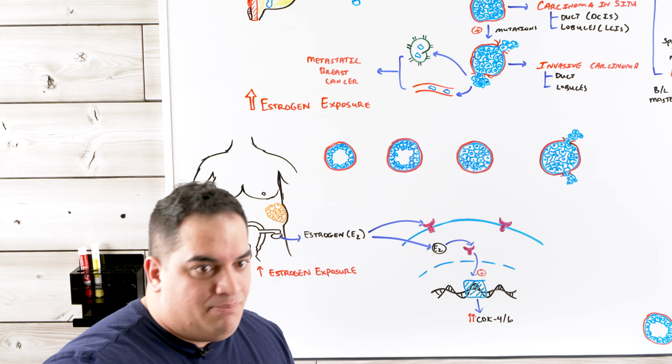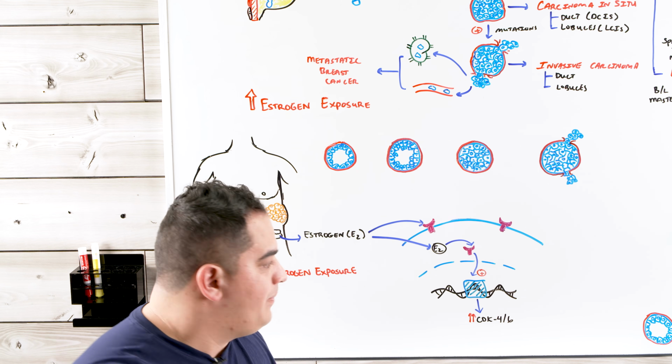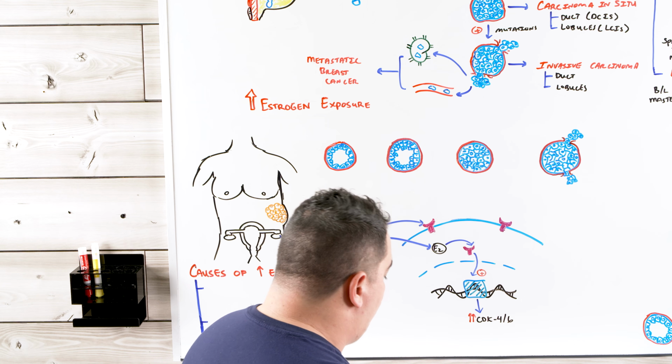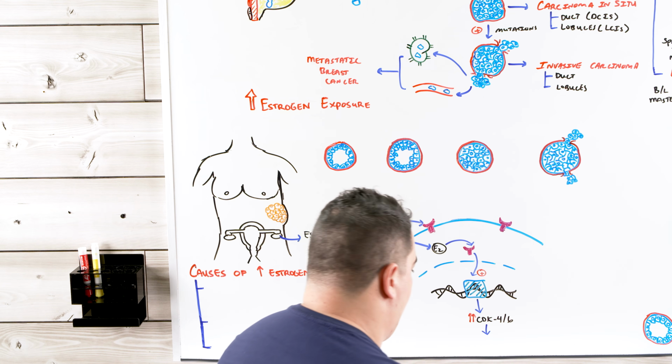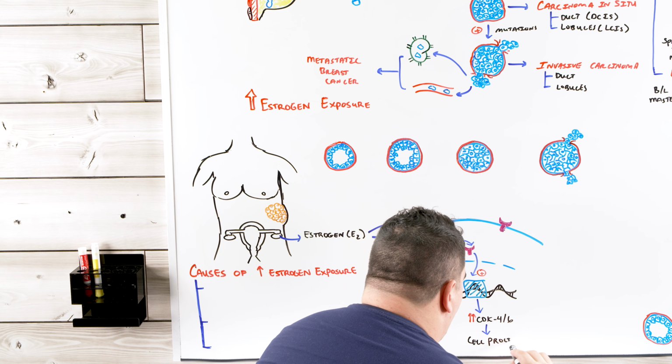That's why breasts usually develop during the secondary sex characteristic staging. So whenever this happens, CDK4 and 6 will cause the cell to proliferate. These cells go ham, and so you get cell proliferation.